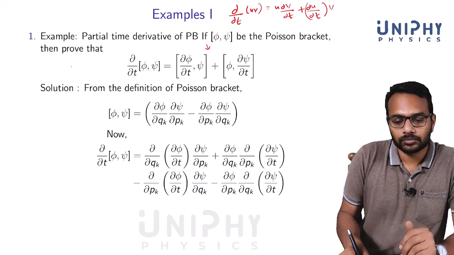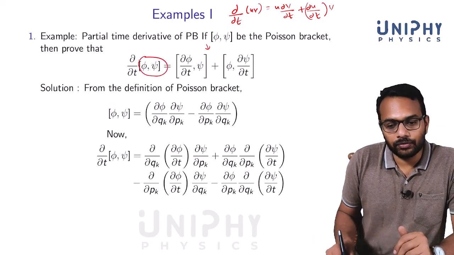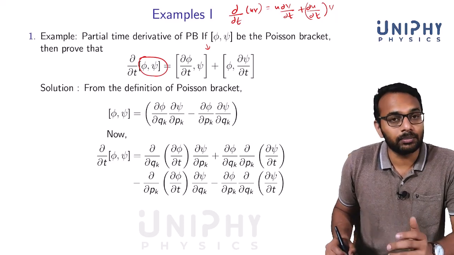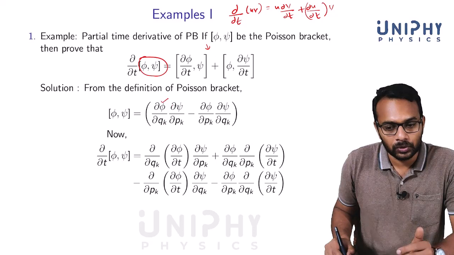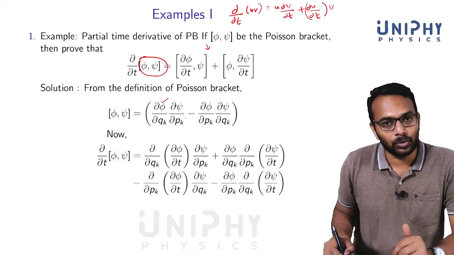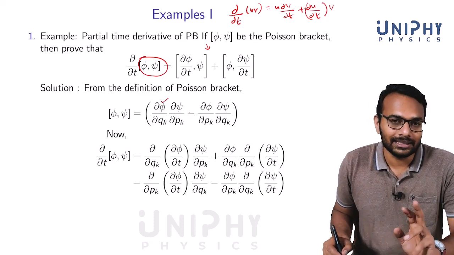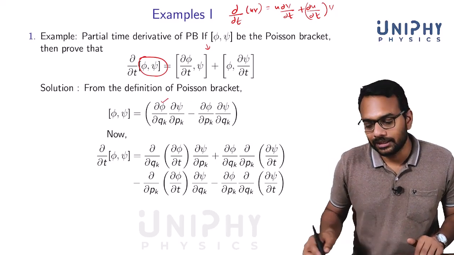So first we start with the Poisson bracket phi comma psi. You remember this is the definition. You take the partial derivative of the first one with respect to q, the partial derivative of the second one with respect to p, and then interchange this q and p with a minus sign. Interchanging q and p costs a minus sign usually in classical mechanics.